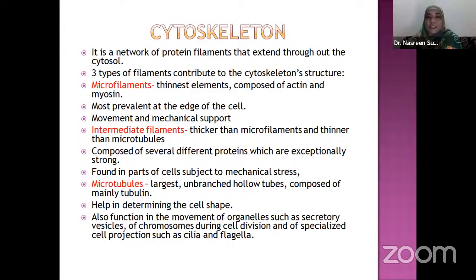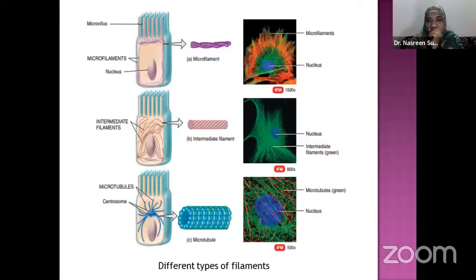This cytoskeleton is made up of three types of filaments: microfilaments, intermediate filaments, and microtubules. Microfilaments are very thin, you can see here. This is the cell, and you are seeing some thin tube-like structures, filaments, which are going to give a proper structure to a cell.